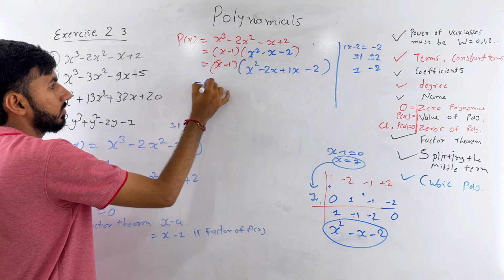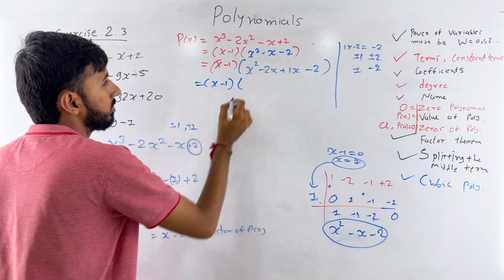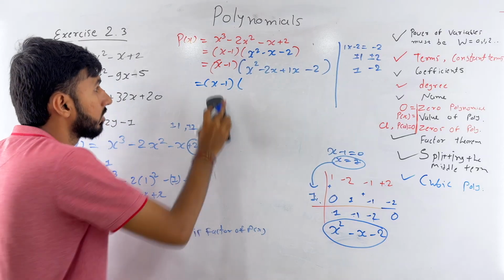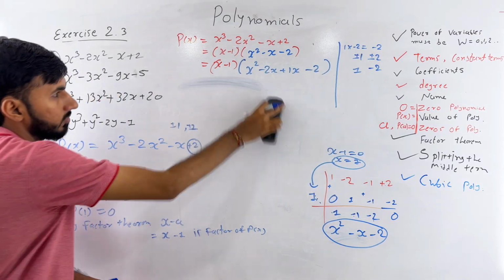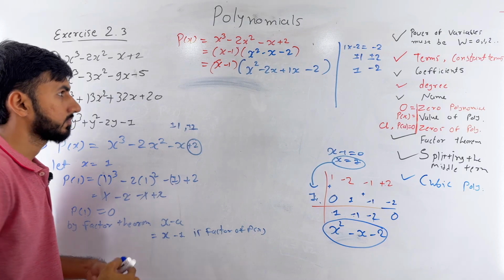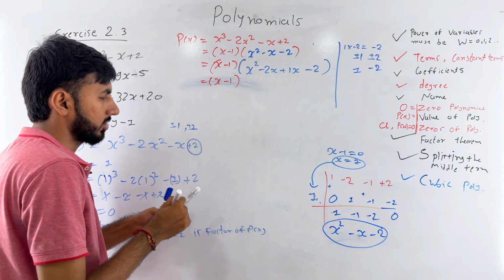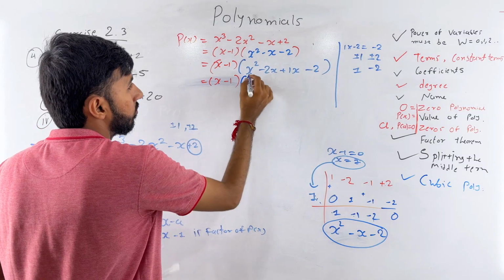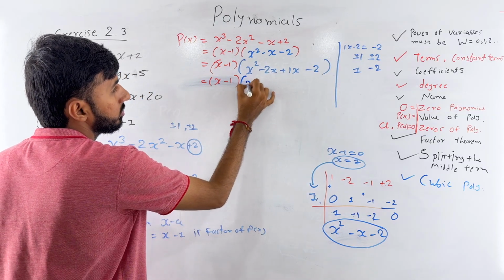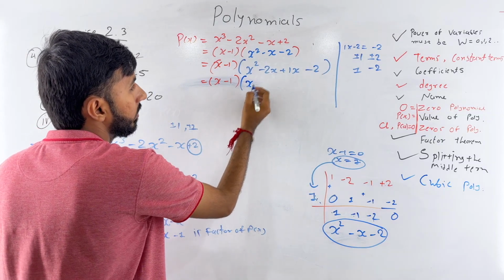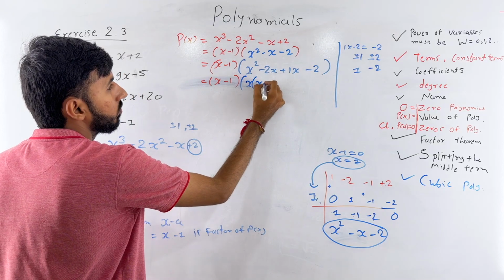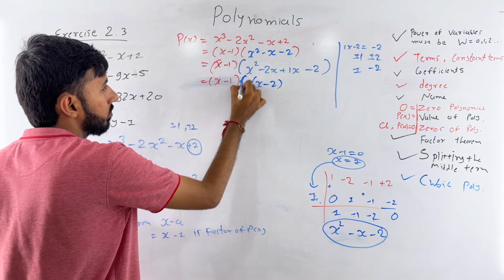Now write x minus 1 as it is in this bracket. Let me use a red marker so you will get it. Write x minus 1 as it is. Now in the second bracket, take a common from the first two terms. My common will be x only, right? So in the bracket I have to write x minus 2.